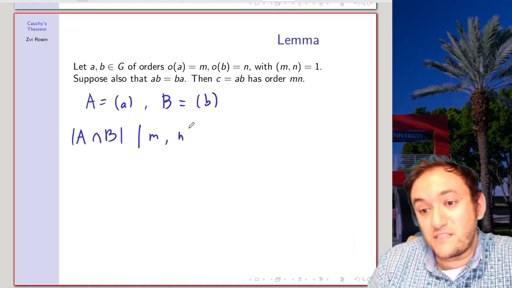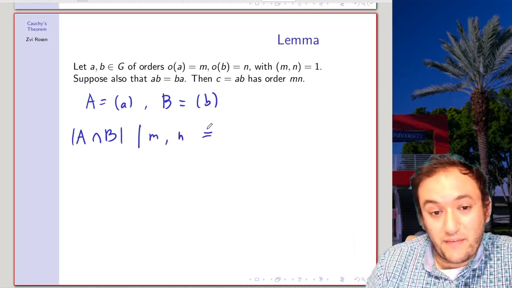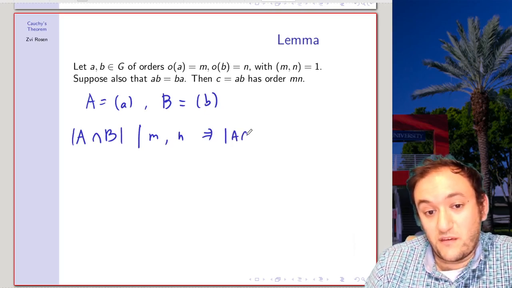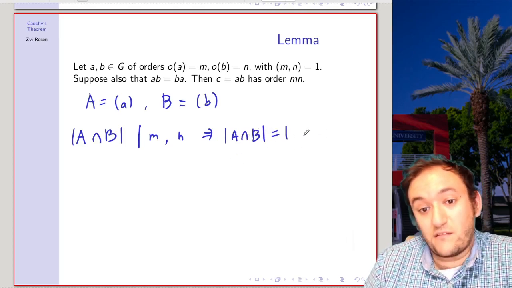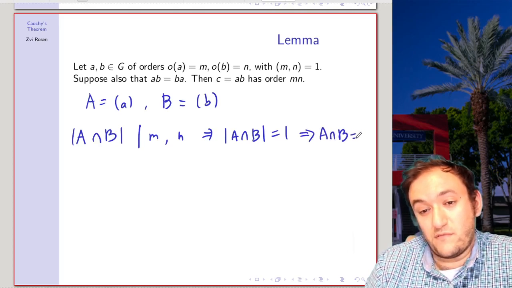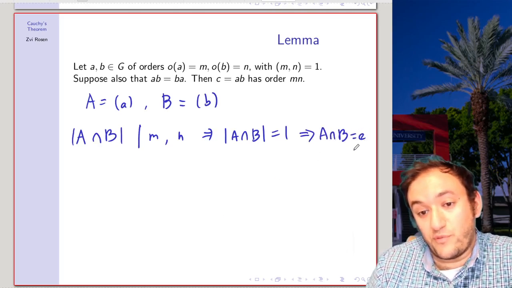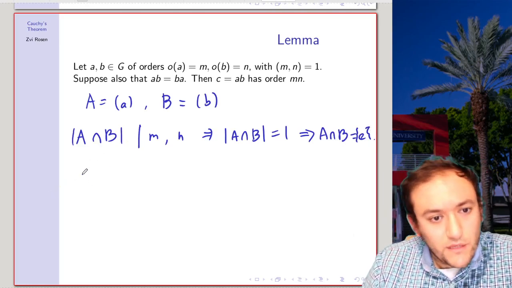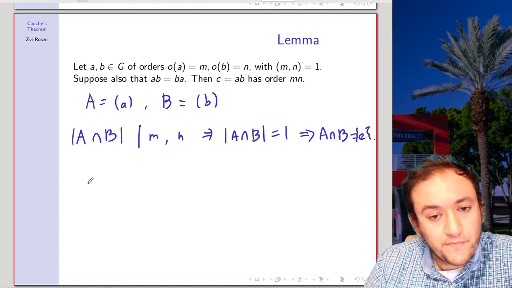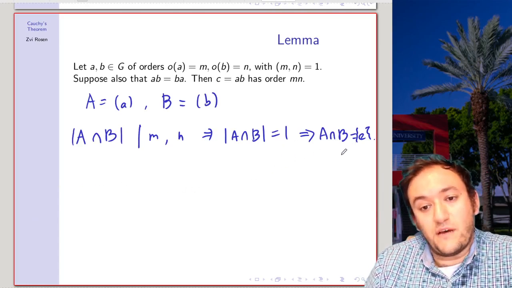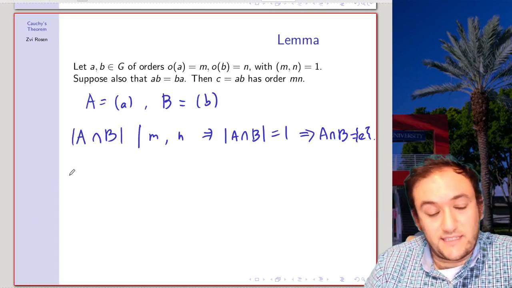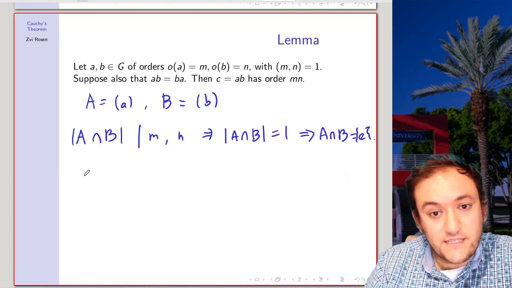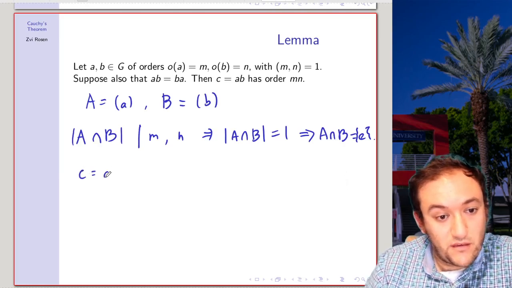Okay, but because these are relatively prime, that means that the intersection must have order 1, which means that it's equal to the identity. Right? That's the only subgroup of order 1. So we have A intersect B equals the identity. Now let's consider c equals ab.